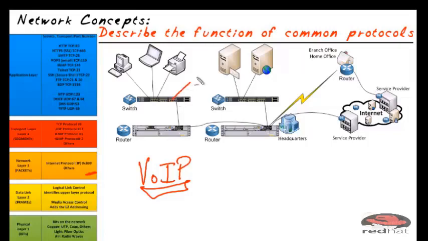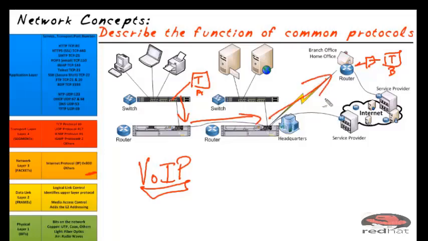So we could take a telephone, for example, that plugs into a switch port, and I'll call it telephone A, and maybe we have another switch over here, another device called telephone B. And if these two devices wanted to communicate with each other, the phones would digitize the voice messages into packets. The packets would be forwarded across the network, and it's absolutely amazing.